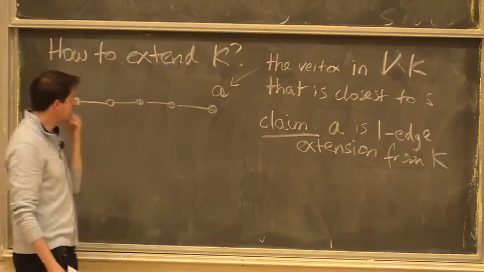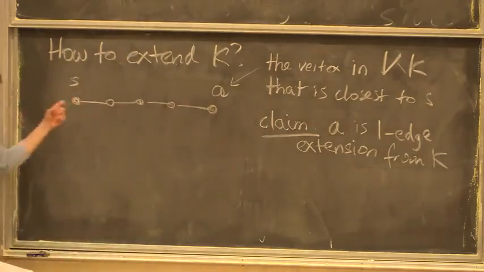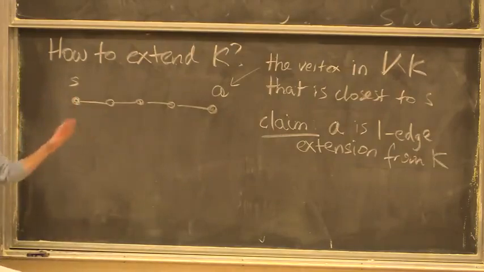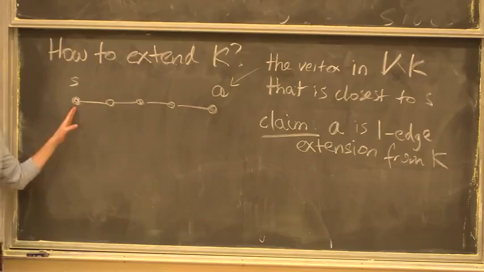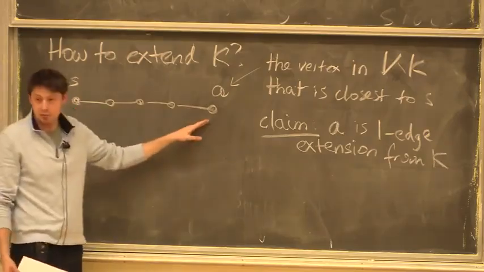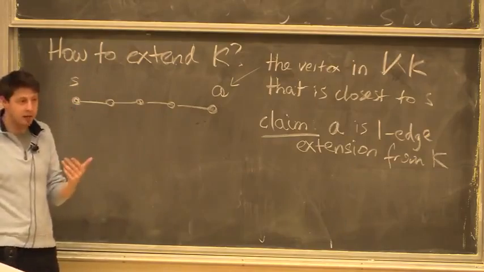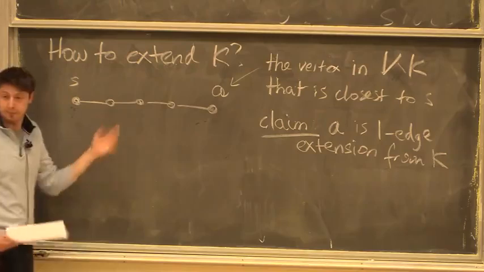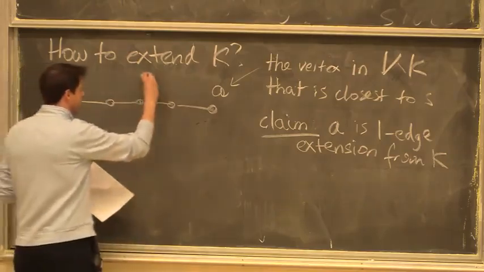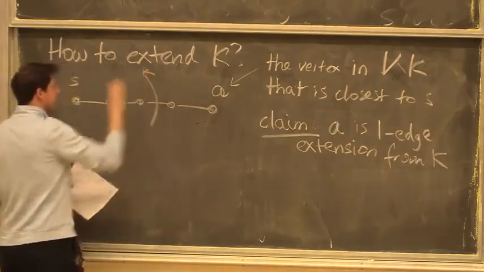Why? Well, let's see. Look, there is a shortest path from S to A. This shortest path starts in K and ends outside of K. It must cross the boundary of K. Okay? Somewhere here. So that's the boundary of K.